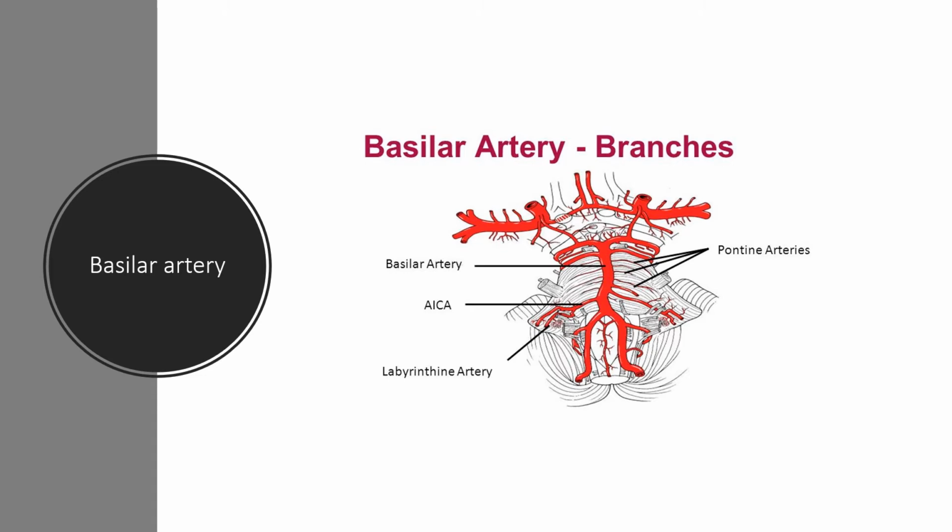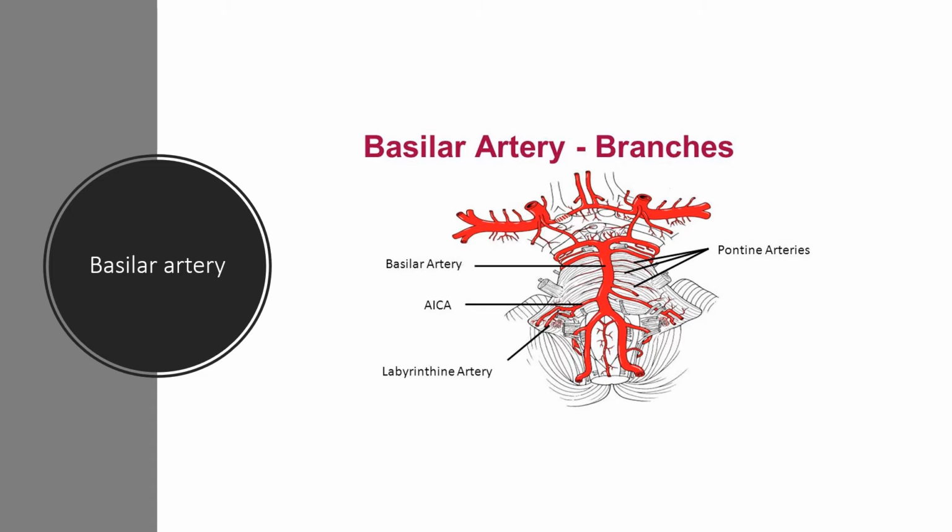Then it forms a loop over the flocculus of the cerebellum and peeps into the internal acoustic meatus for a variable distance, lying below the 7th and 8th cranial nerves. After exit from the internal acoustic meatus, it supplies the anterolateral portion of the inferior surface of the cerebellum.